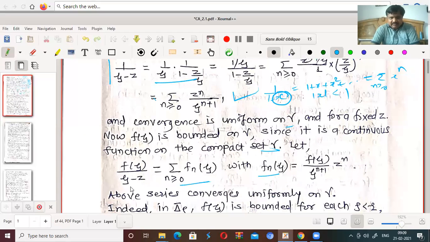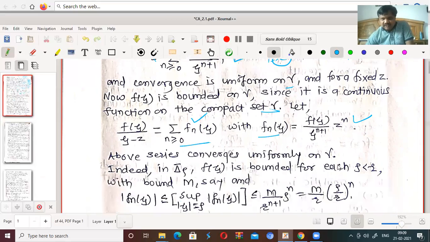Because 1/(ξ − z) is the summation over n ≥ 0 of zⁿ/ξⁿ⁺¹. We are multiplying that with only f(ξ), so that I have written f(ξ). And therefore fₙ, this whole term dependent on n, I have taken as fₙ(ξ). That will give f₁(ξ), f₂(ξ), f₃(ξ), and so on.